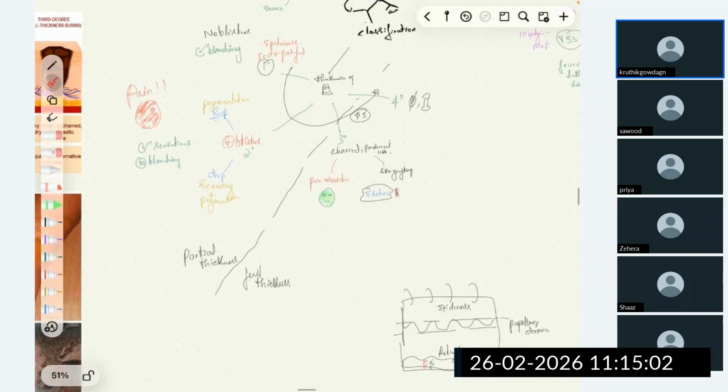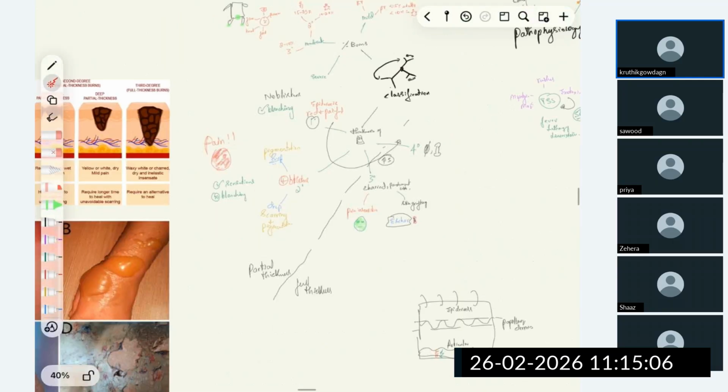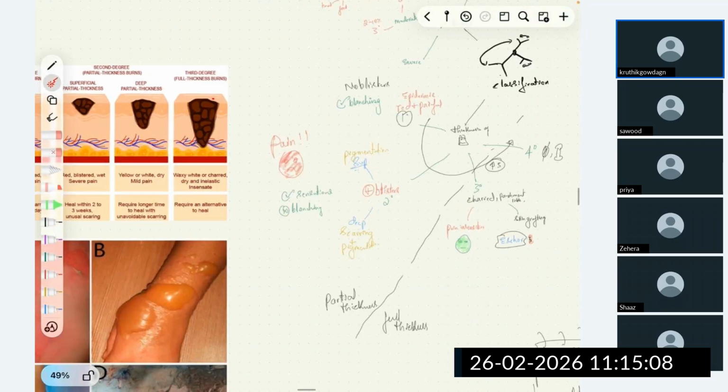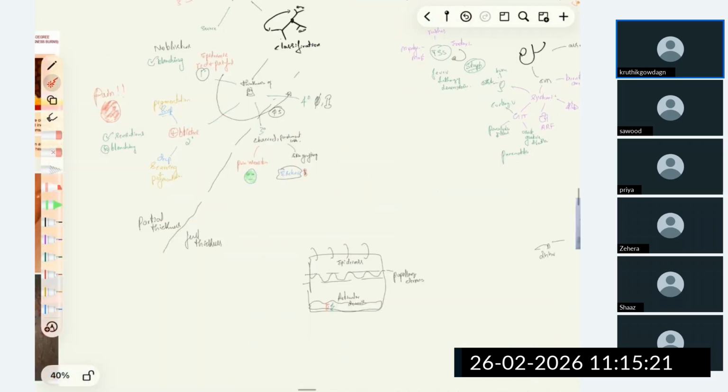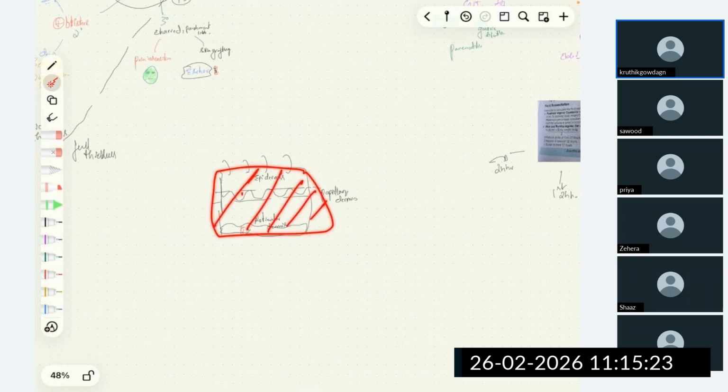Next, let's proceed to third degree burn. In third degree burn, the full thickness of epidermis, the full thickness of papillary dermis, and the reticular dermis are involved. So the entire thickness of skin is involved in third degree burn.